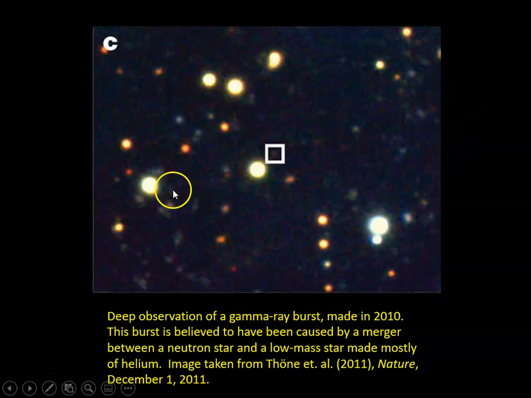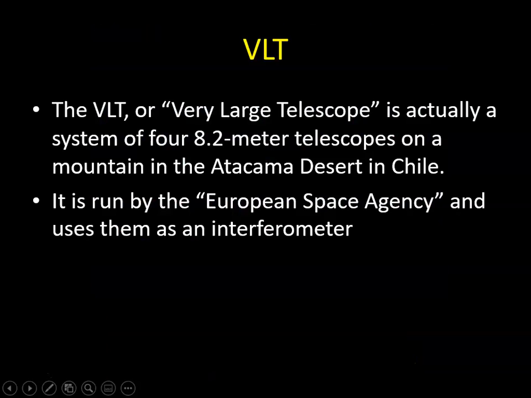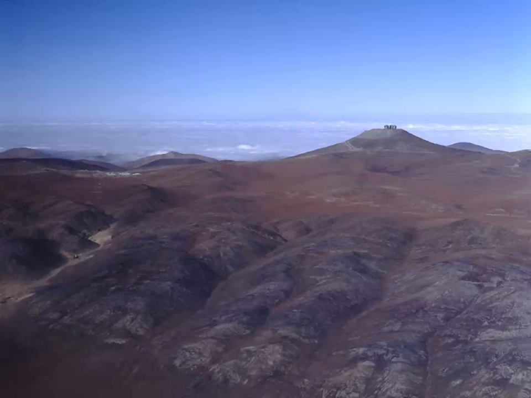But here's an image taken by the Gran Telescopio Canarias in the Canary Islands of a fading gamma ray burst. And this was a very important image at the time because before that, we didn't really have optical images of gamma ray bursts. There's also the VLT, which stands for Very Large Telescope. That's a system of four 8.2 meter telescopes on a mountain in the Atacama Desert of Chile.